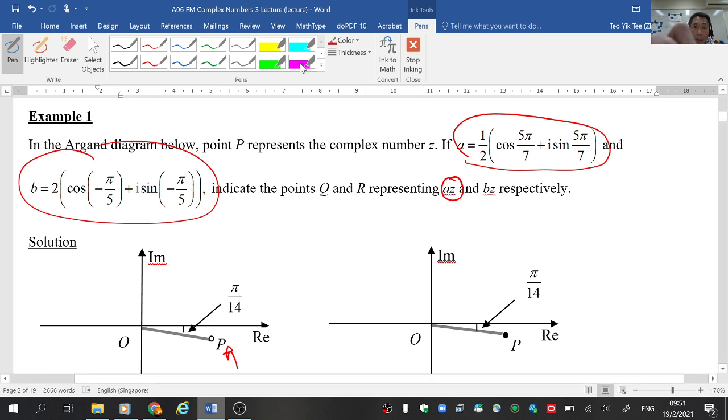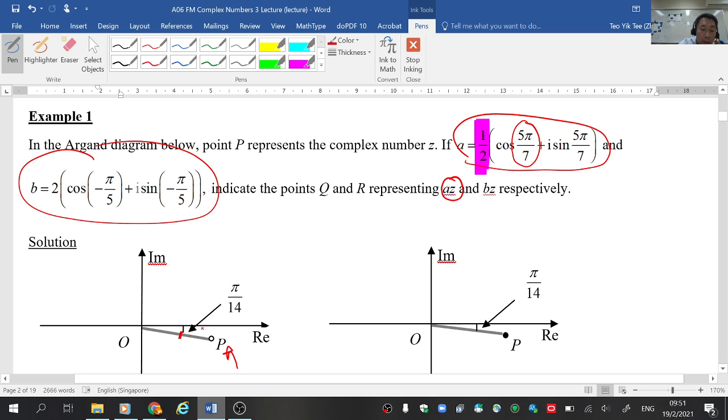You focus on the half down here. So it's stretched by a factor of half, meaning the length of OP must reduce by half. Thereafter, because it's multiplication, it is an anti-clockwise rotation by 5π/7.